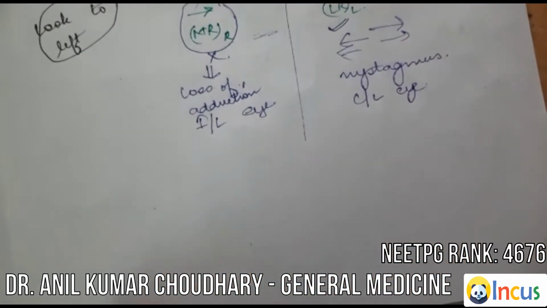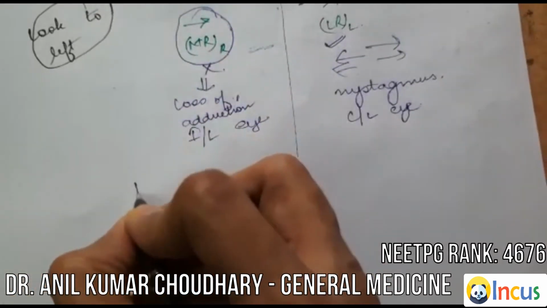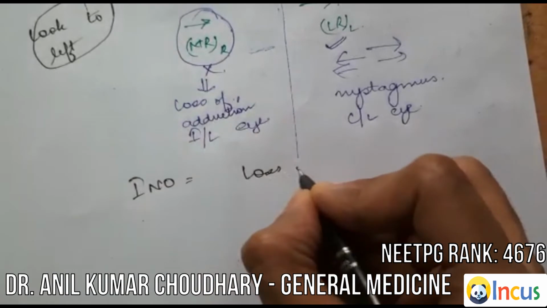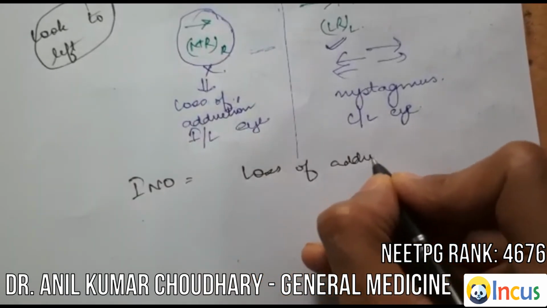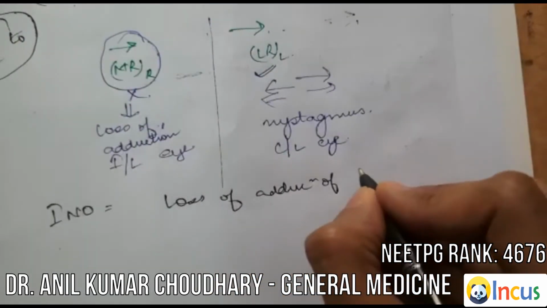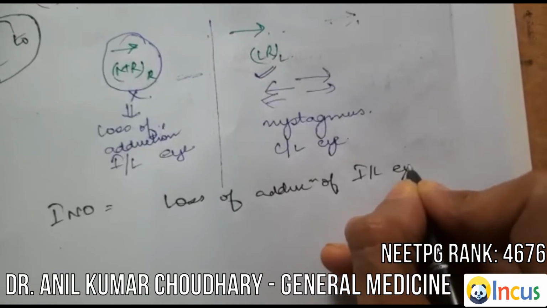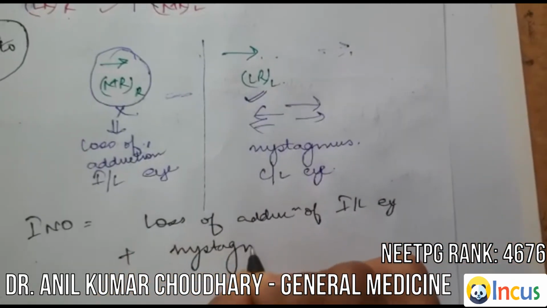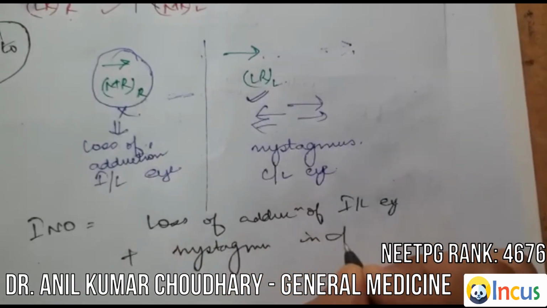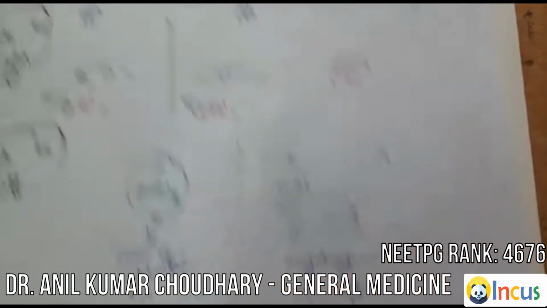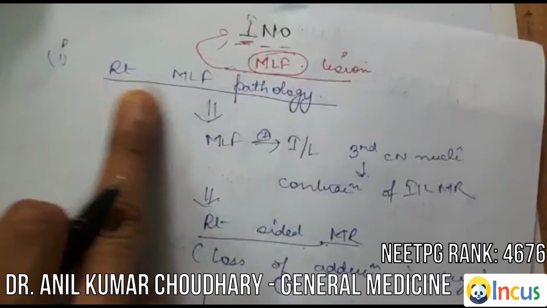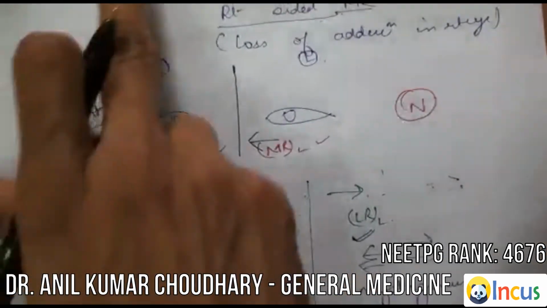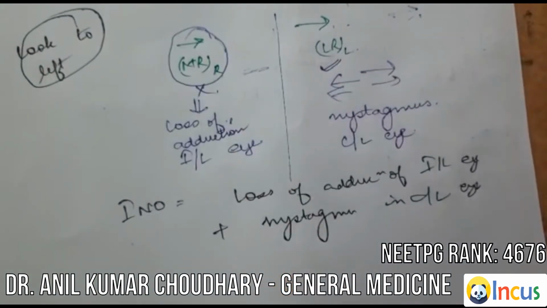In a nutshell, we can write that INO is loss of adduction of the ipsilateral eye plus nystagmus in the contralateral eye. We can do the similar maths with left side pathology. Exactly the same, you will just reverse all these things. Right side pathology, then you will compare it with the left side pathology.